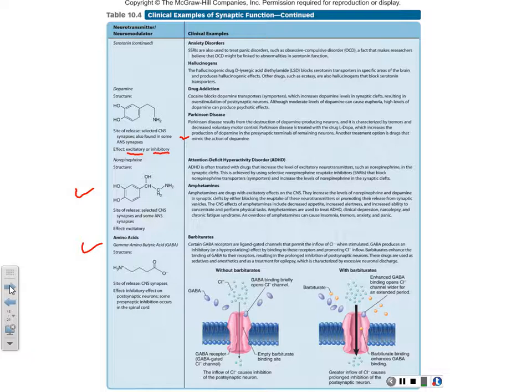It can be used for anesthetic because it will reduce your activity. This is an inhibitory molecule. It's got chloride channels. Remember chloride channels, we said if there are chloride channels, you inhibit. So it knocks you down. It's used as an anesthetic.